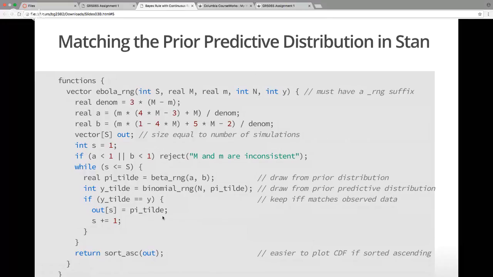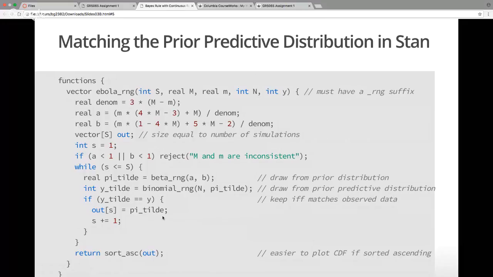So what I've done here is drawn from the prior predictive distribution to draw from the joint distribution of pi, the success probability or the cure probability, and y, the number of survivors. And when that realization of y tilde matches the data that I have on y, I know my draw of pi was good, so I'll keep it.